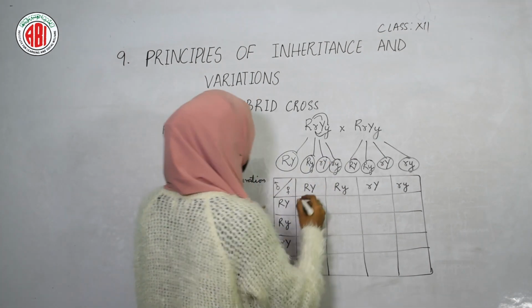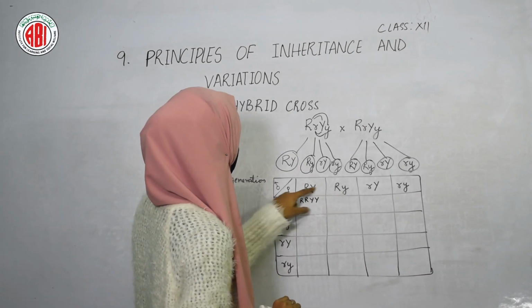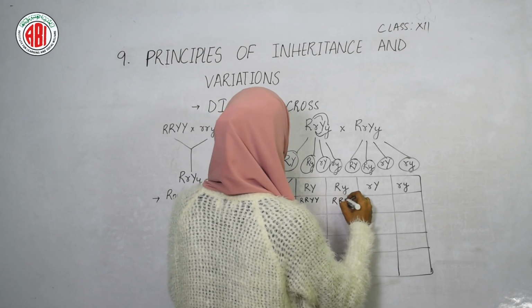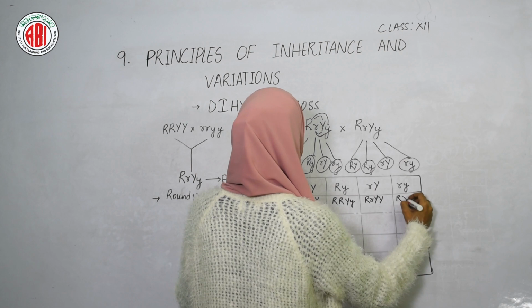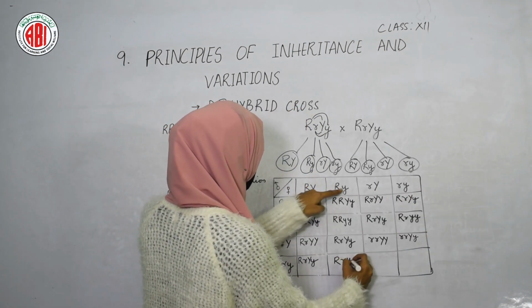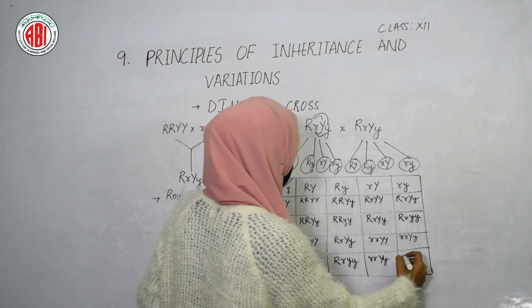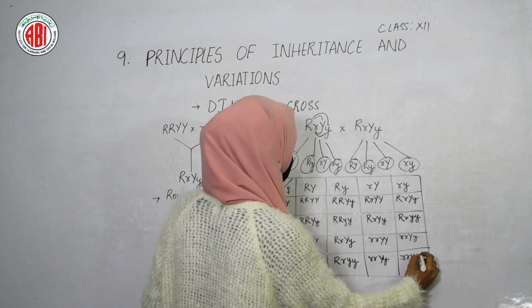Now, when the crossing takes place, it will be capital R, capital R, capital Y and capital Y. In this way, we will write all the gametes produced by the different offspring. Capital R, small y and small y. In this way, we have to write all the genes shown by the different offspring. Small r, small y and small y.